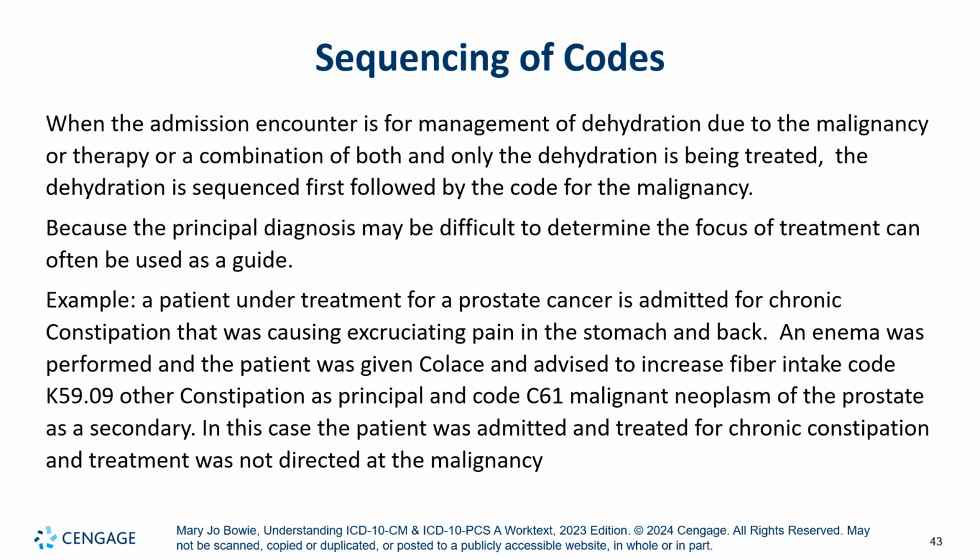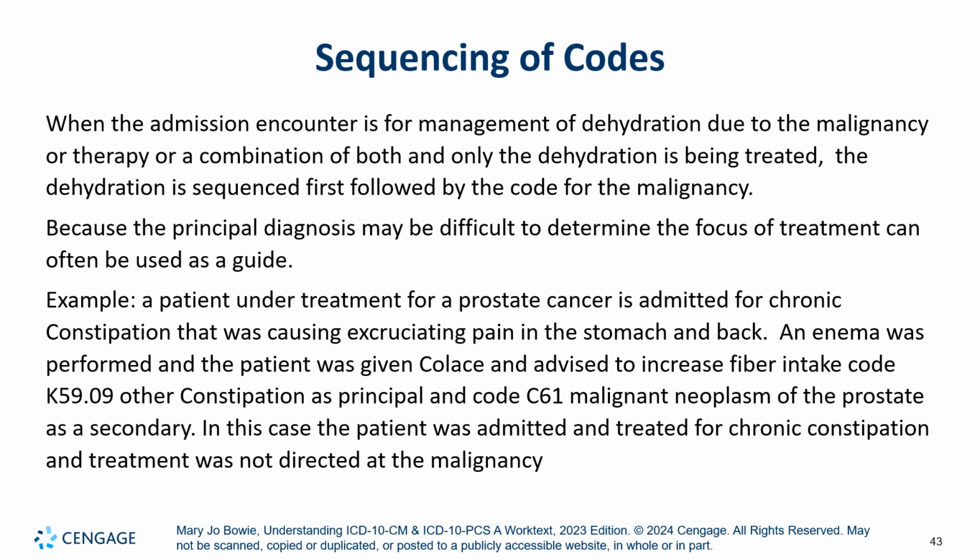So in this example, a patient who underwent treatment for prostate cancer is admitted for chronic constipation, causing excruciating pain in the stomach and the back. An enema was performed, and the patient was given Colace and advised to increase fiber intake.